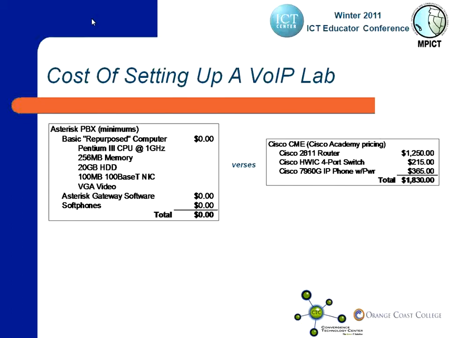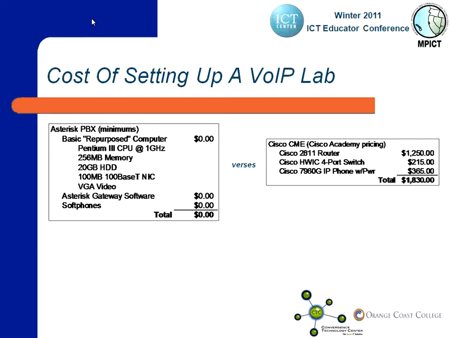Cisco CME. Now, if you're an academy, this is what it's going to cost you. A 2811 router for a single environment, a single station. You'll need a 2811 router, about $1,250. You'll need a 4-port switch module, a WIC, to plug in. That's about $215.